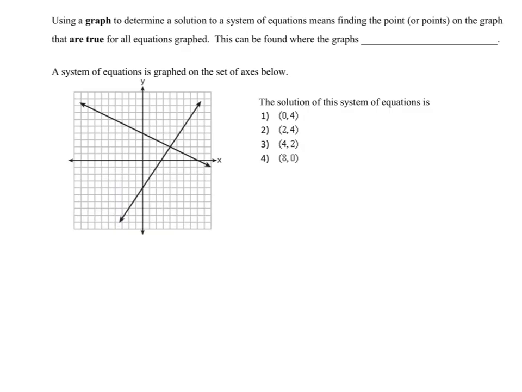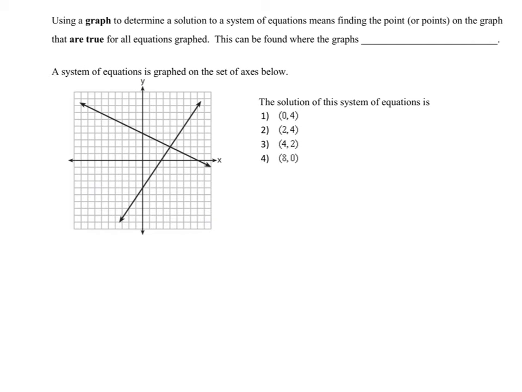Okay, we can also look on a graph to determine a solution to a system of equations. We know that linear functions can be graphed on a coordinate axis, and we talked all last class about y equals mx plus b and how to graph lines on a coordinate grid. So what if I graph 2 lines on a coordinate axis and I want to determine the solution?